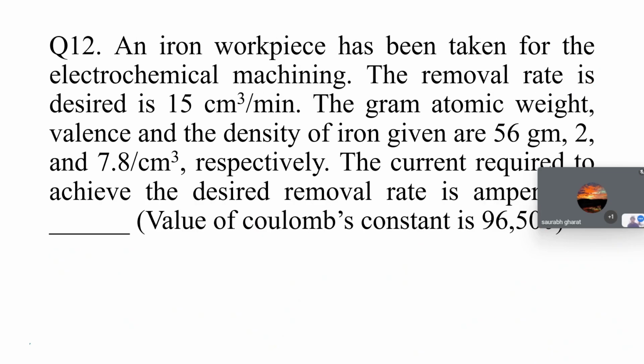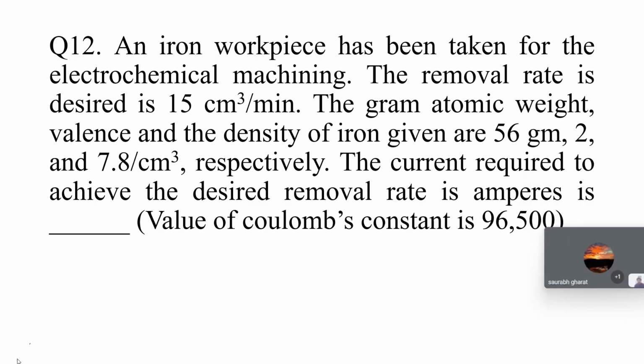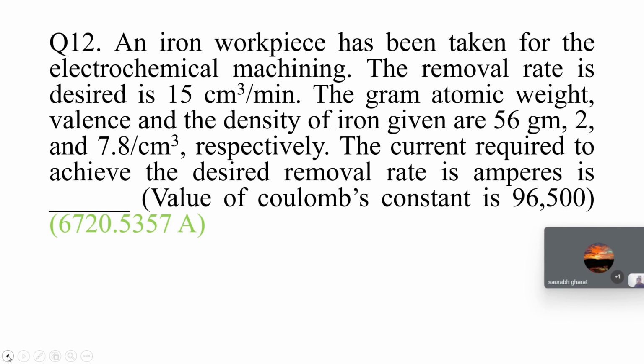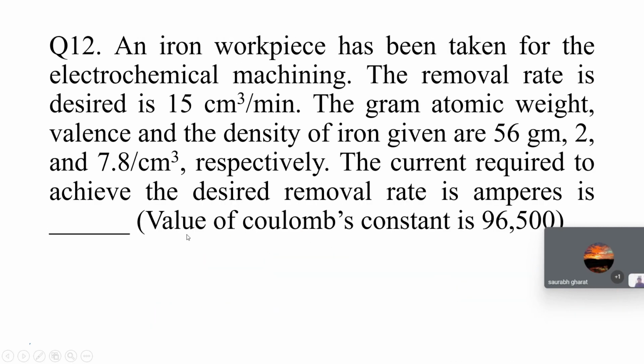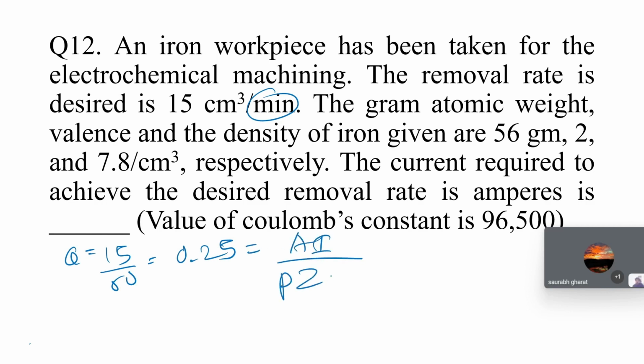An iron workpiece, same as before. Okay, so go with it here. You know the formula here. What is the formula for Q? It is again in millimeter per minute, so to convert, it is 15 by 60, so it will become 0.25, which is again equal to A I divided by density into Z into F, where Z is your valency and F is your Faraday's constant.